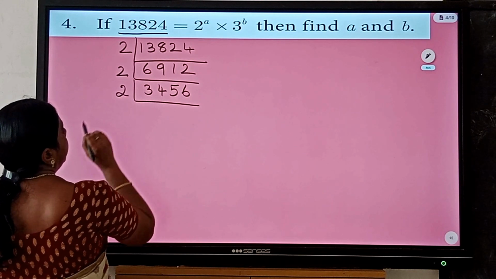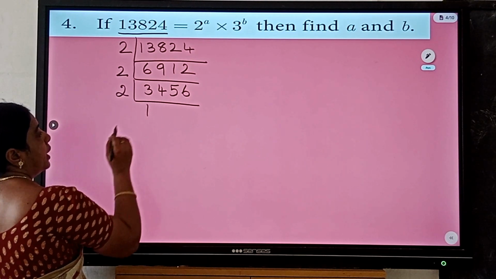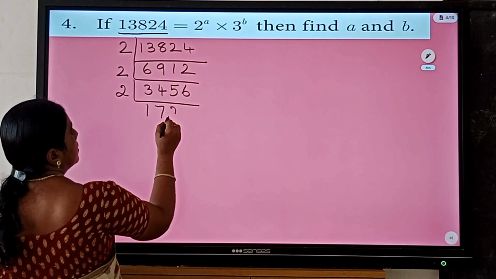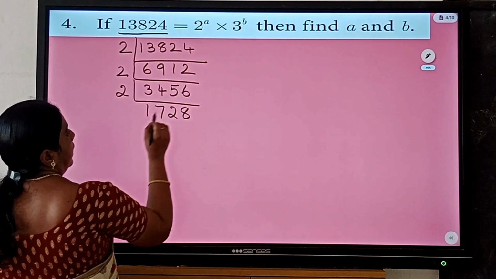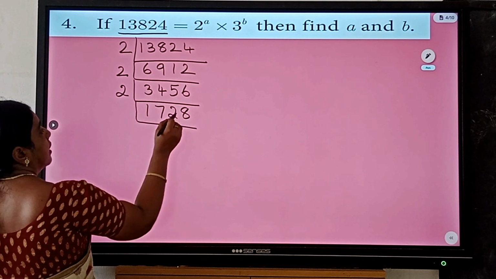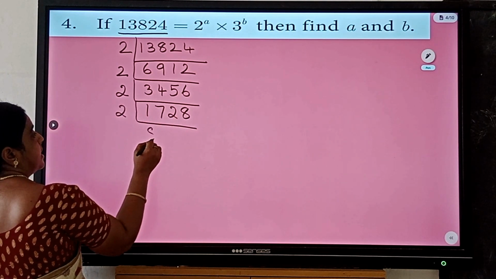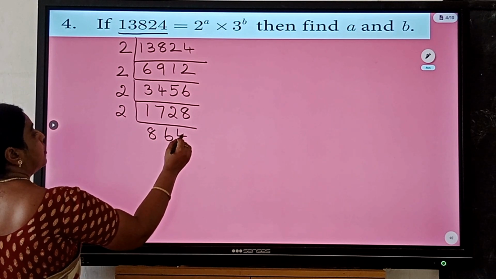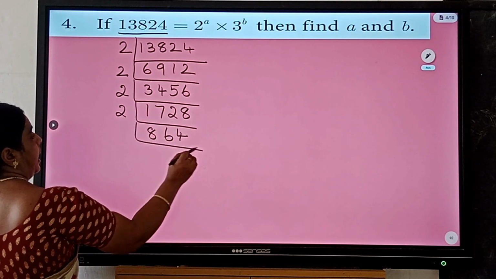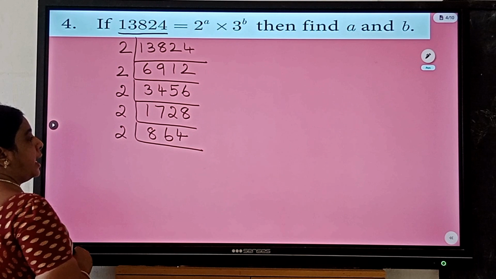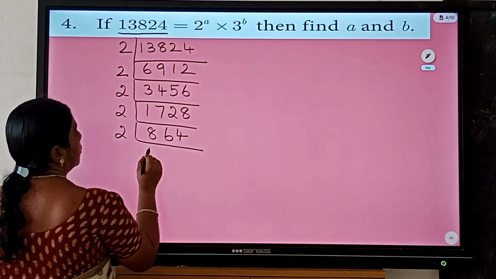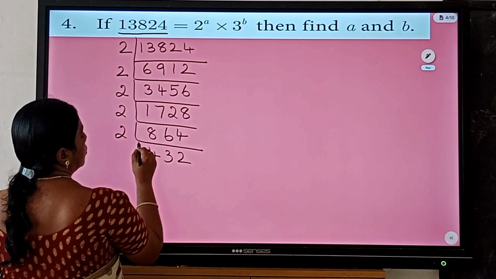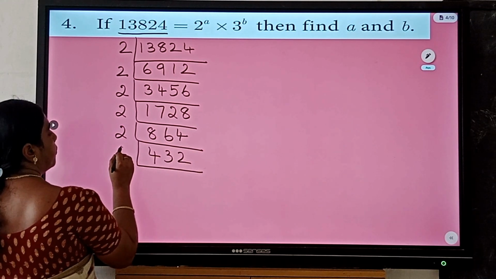Again you divide it by 2, 2 1s are 2, remaining 1, 14, 2 2s are 4, then 8. 2 8s are 16, 1 remaining, 2 6s are 12, 2 4s are 8. Then again you divide this number by 2, 2 4s are 8, 2 3s are 6, 2 2s are 4.